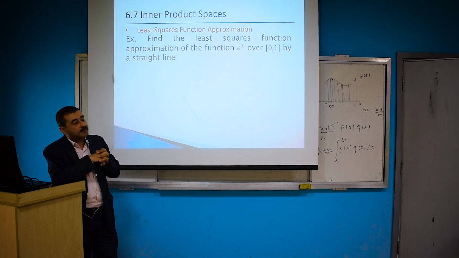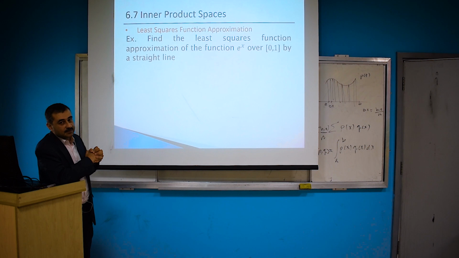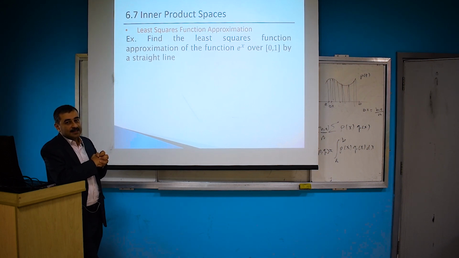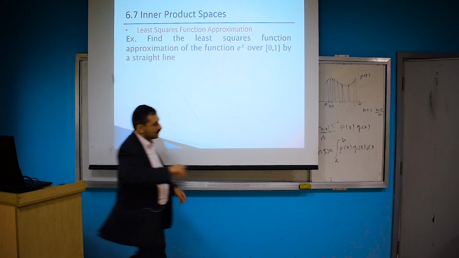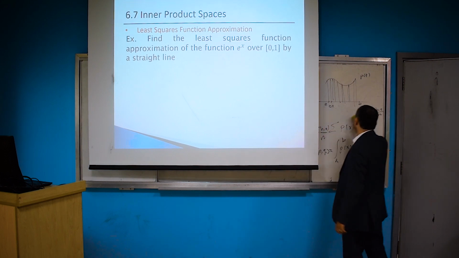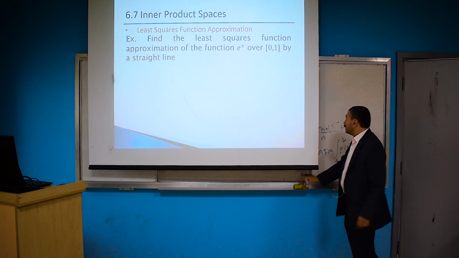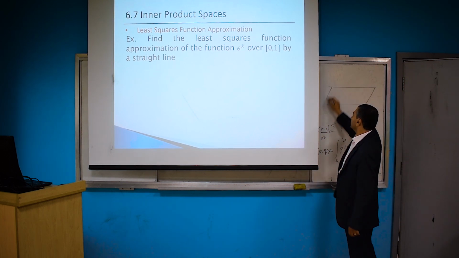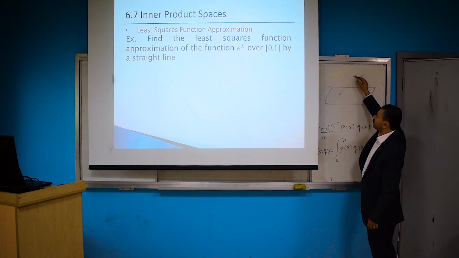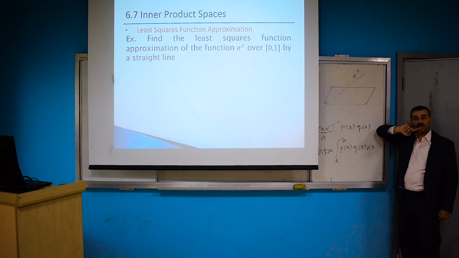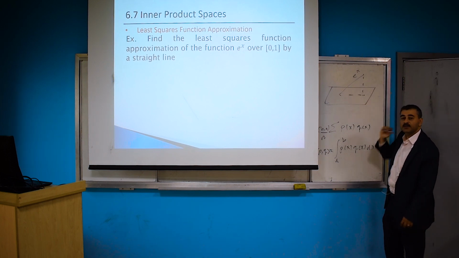الايه؟ f of x هي e power x. انت عايز تمينيمايز ايه بقى؟ طيب ممكن نفكر فيها ازاي دي؟ ان في عندي هنا السبيس بتاع الستريت لاينز، اوكي؟ وفي هنا الاكسبوننشال فانكشن مش في السبيس ده، فانت عايز تشوف الكلوزست لاين that is closest to the exponential function.